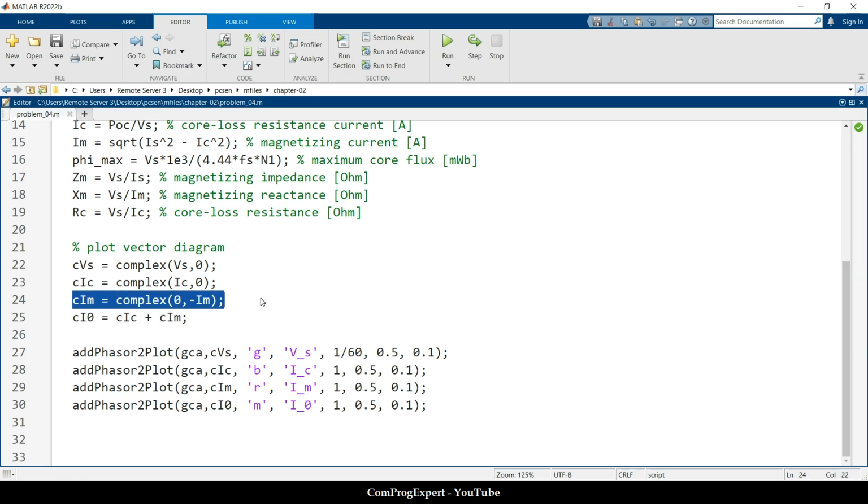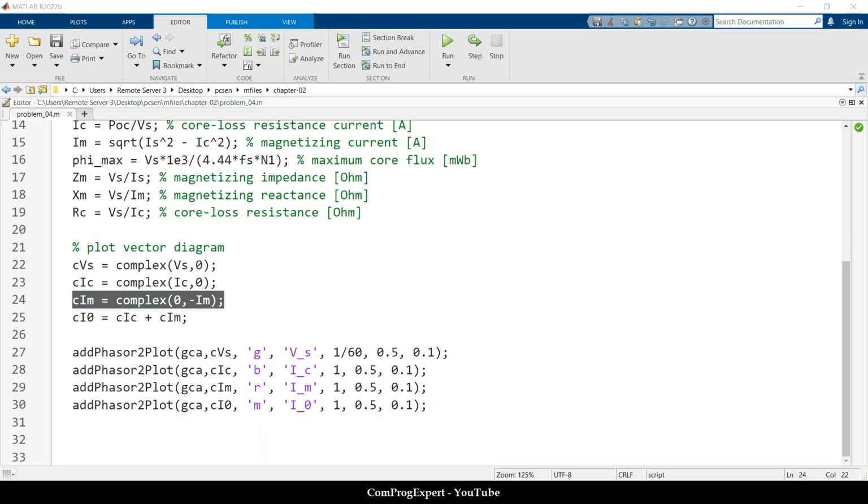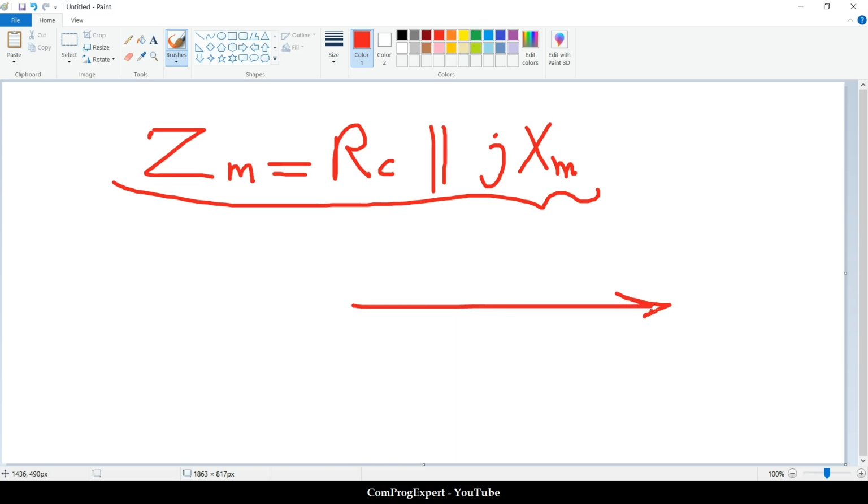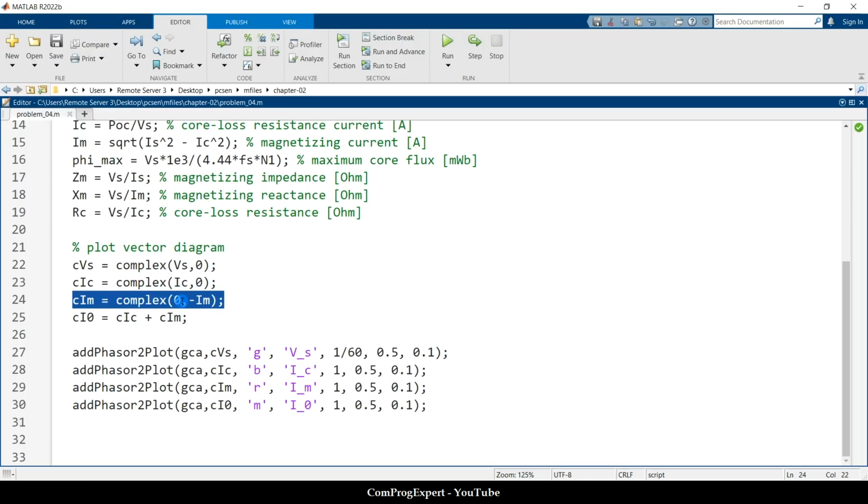The magnetizing current is 90 degrees behind the voltage. If this is Vs, the voltage phasor, this is Im, the magnetizing current. So I set the real part equal to 0 and the imaginary part equal to negative Im.